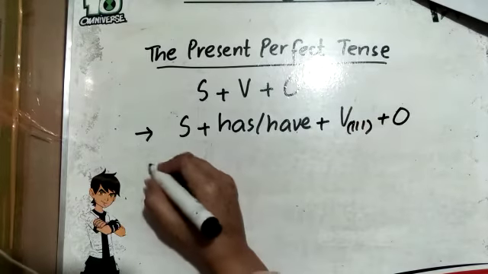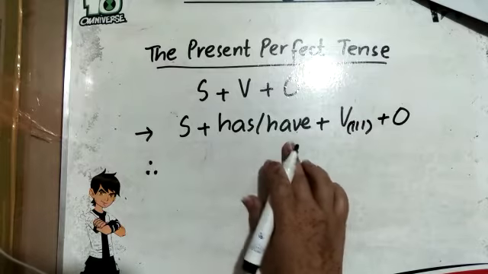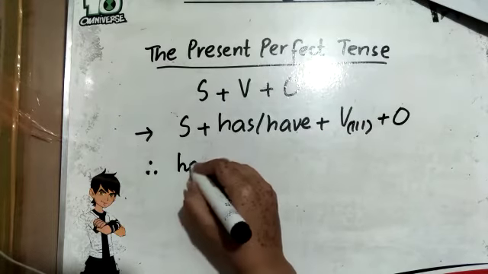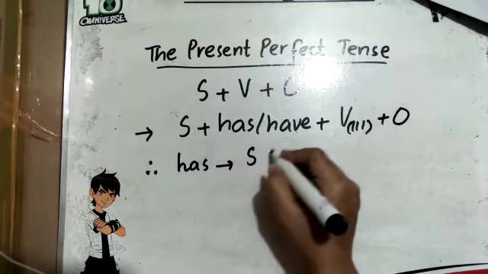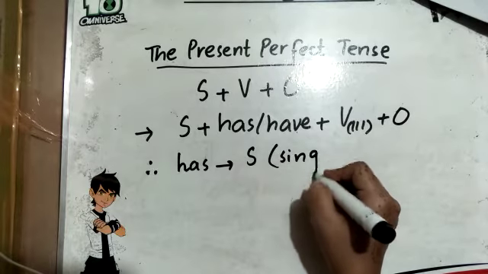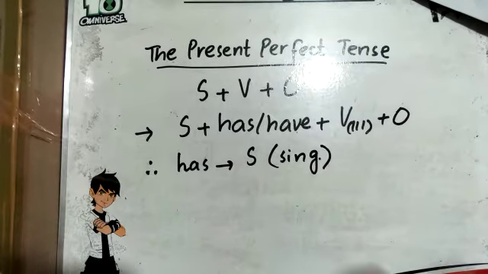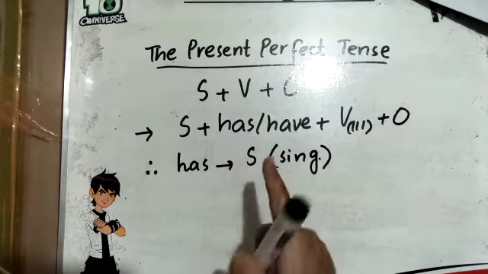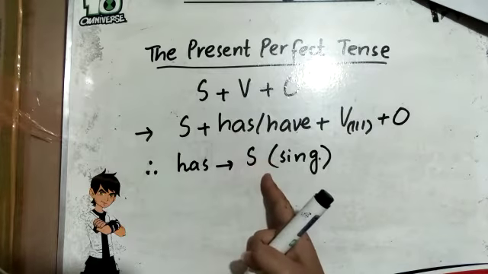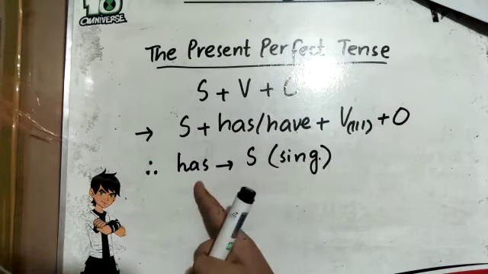Now the question was where we have to use has or have. Has is used whenever you have your subject in a singular form, a single person or one thing. That is known as a singular subject, and in this case you will use has.